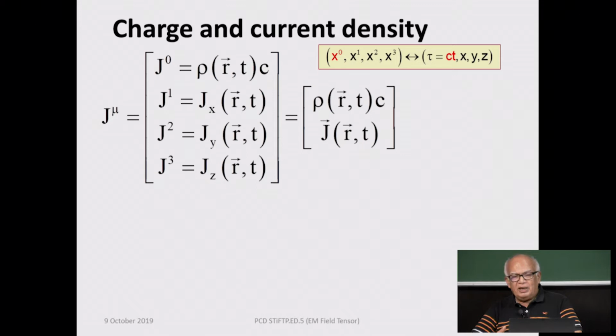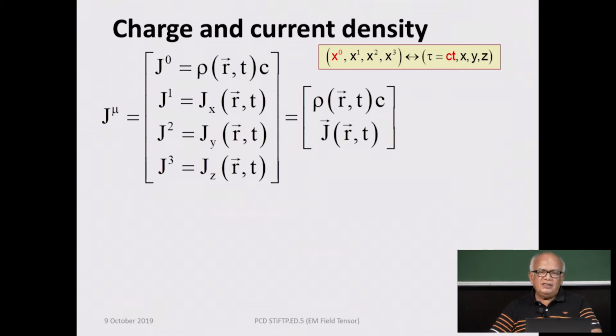This will also have to be represented by 4 components, and happily the charge density together with the current density, they are the same creatures, because what is charge at rest is current in a moving frame, right. So, it is appropriate that charge and current density come together.